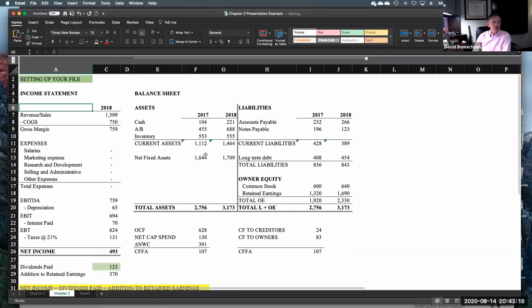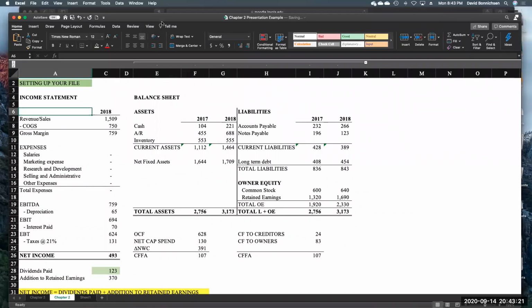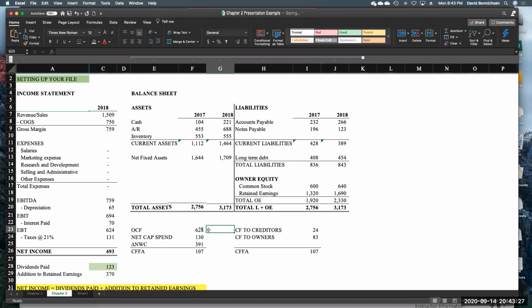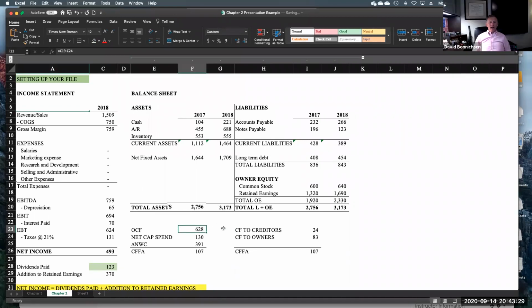All right, any questions? Could you hover over the OCF and the net cap spend formula again? I just need that. So when we talk about operating cash flow, we're talking about what real cash flow we have as it relates to the operations of our business. That number is EBITDA, because we've got our revenue and then all of our supporting expenses that go along with that.